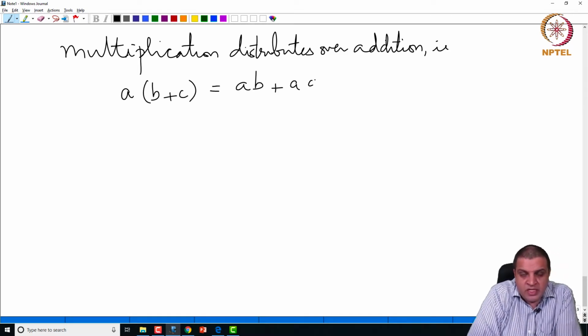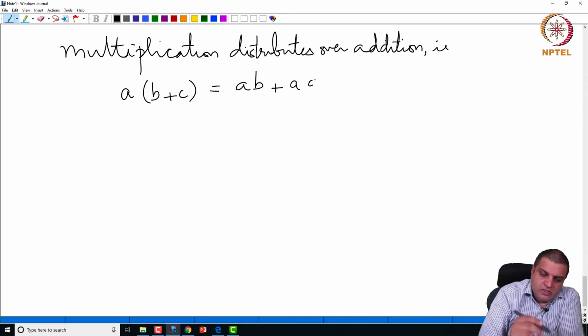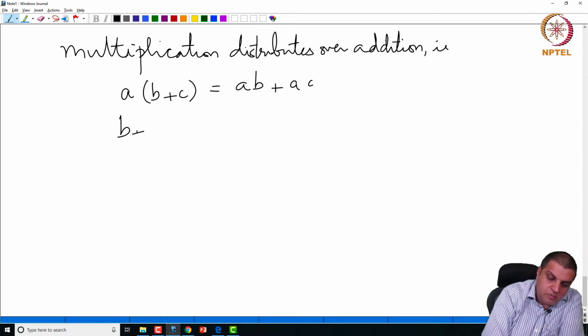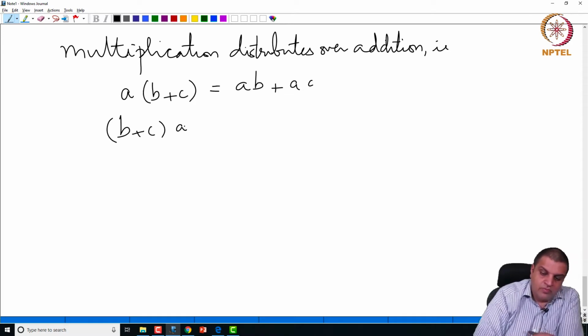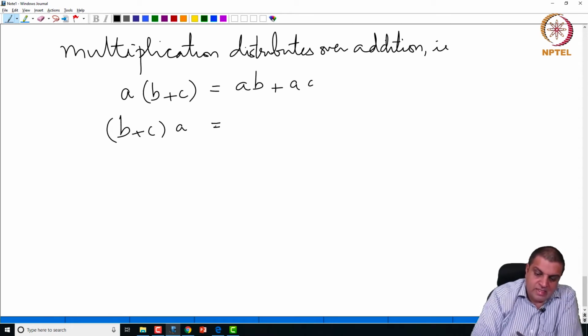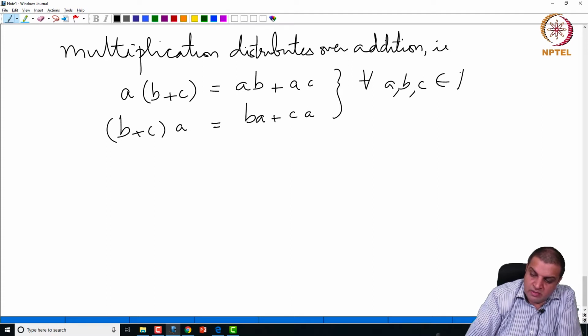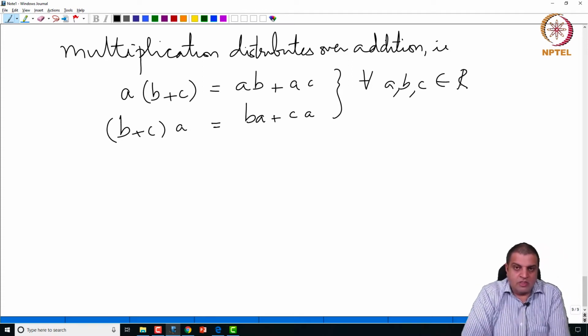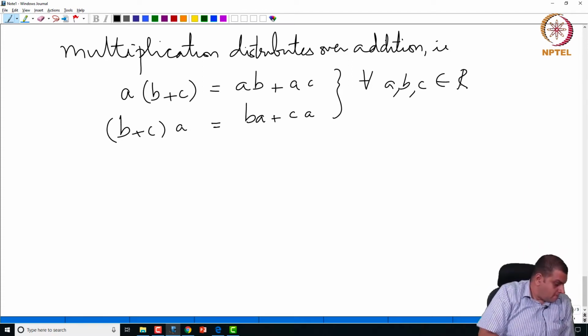And we have not said that multiplication is commutative, so we must also consider (B plus C) times A. These two things may not be the same, but the distributive property says that this is the same thing as BA plus CA. And these two statements hold for every triple A, B, and C inside R. Multiplication distributes over addition.